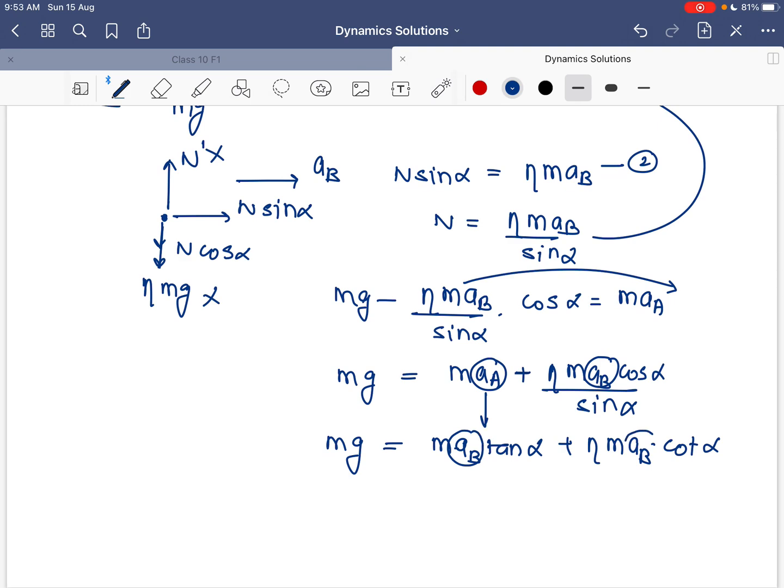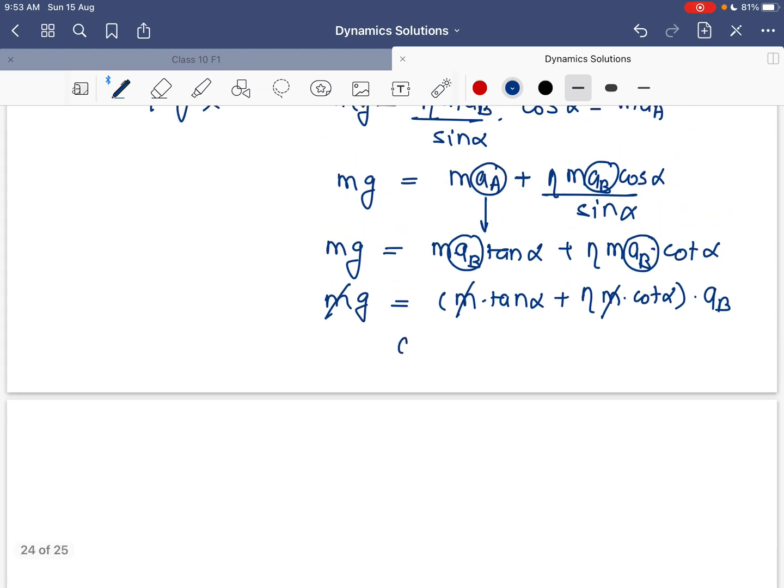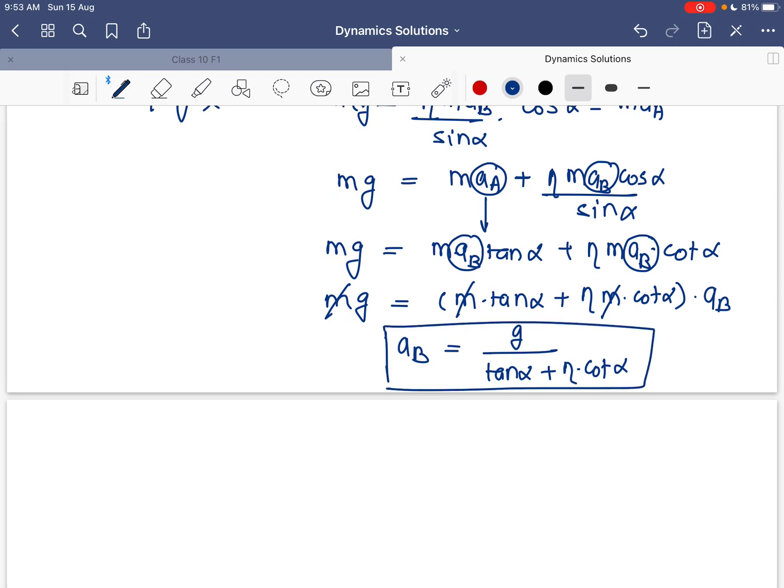And now AB can be taken as common. So mg is equal to m into tan alpha plus eta m into cot alpha times AB. Here m can also be taken as common, so it will get cancelled from all sides, and AB comes out to be g upon tan alpha plus eta cot alpha, and we have got the acceleration of wedge AB.